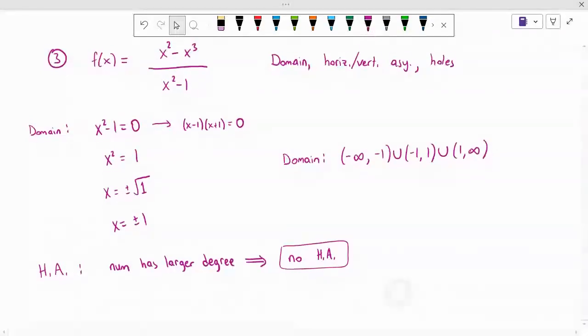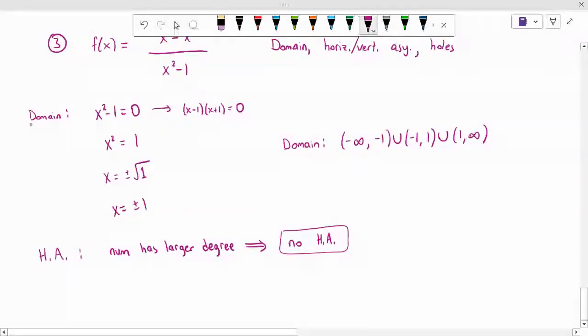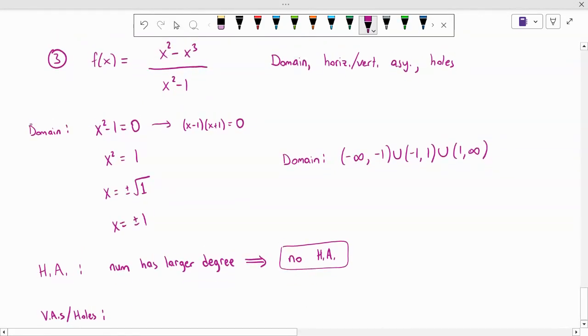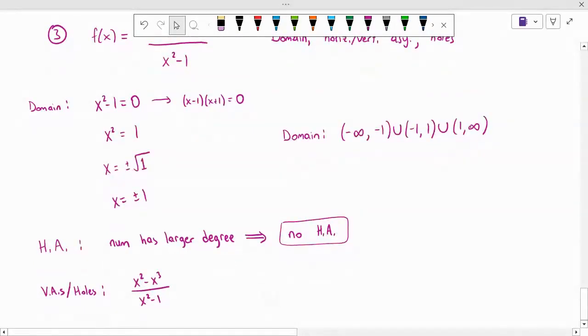And then lastly, for the vertical asymptotes and holes, let's take the function and factor the numerator as well as the denominator.